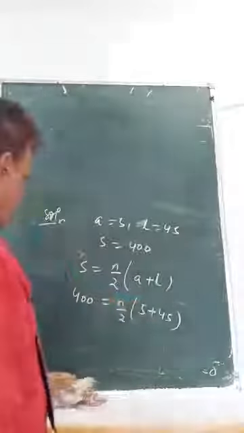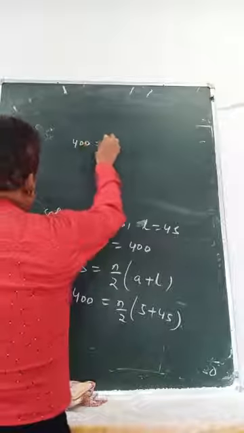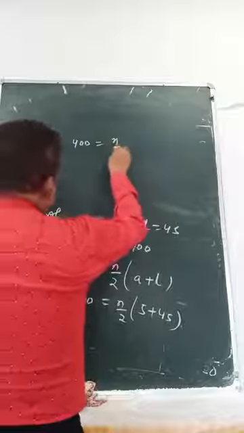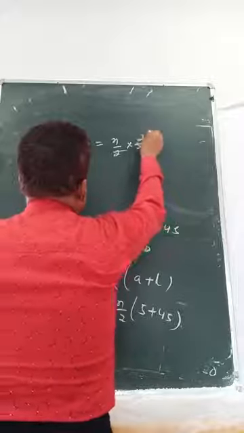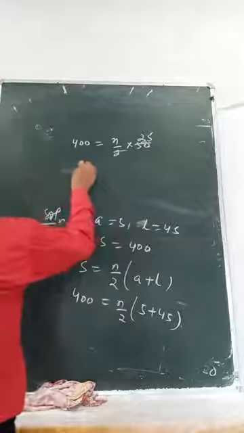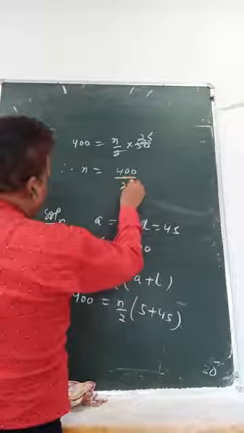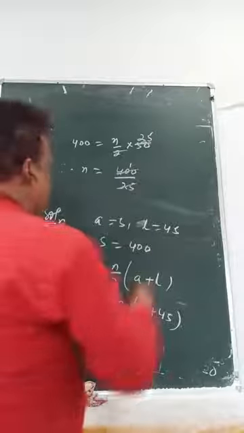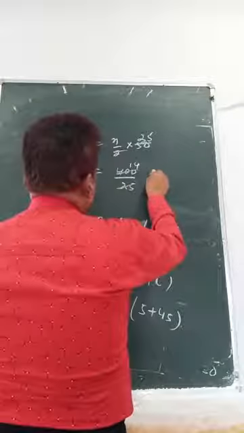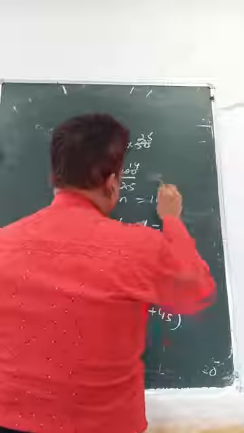So 400 equals n by 2 into 50. This is cancelled here, 25. Therefore n equals 400 by 25. So n equals 16.